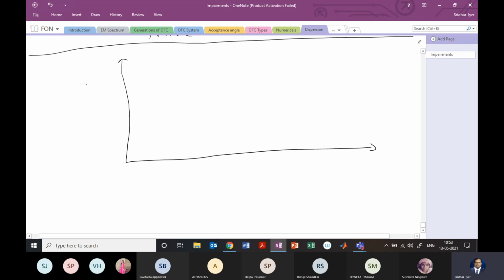Let dispersion be on the y-axis, so D, in picosecond per nanometer per kilometer. Let this be the wavelength lambda in nanometer on the x-axis. Again, I'll be drawing only the higher wavelengths. So let's start with 1300, go to 1400, then 1500, and finally 1600.